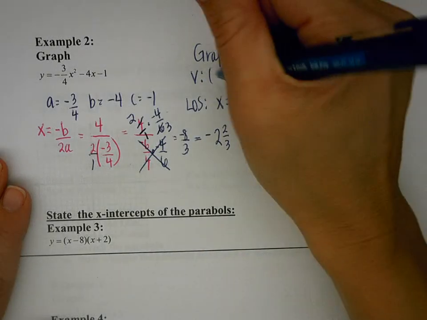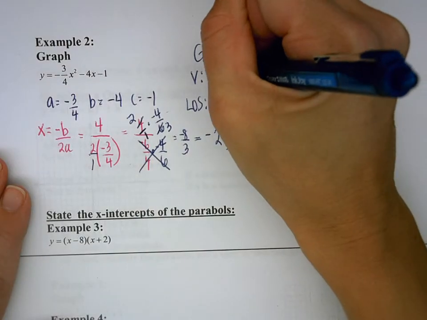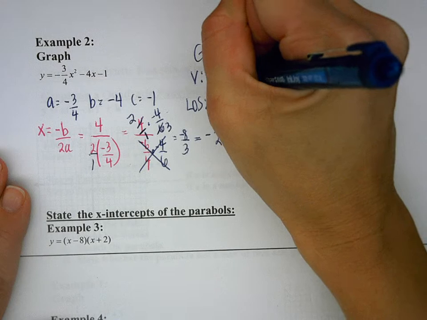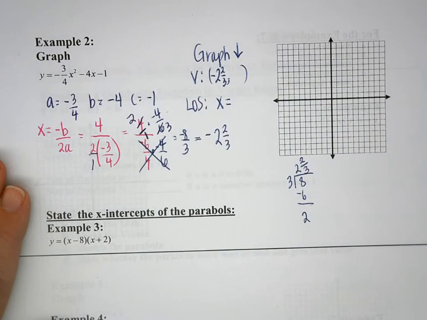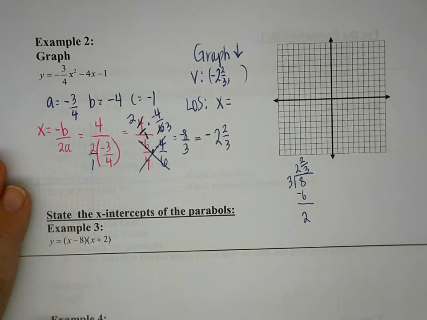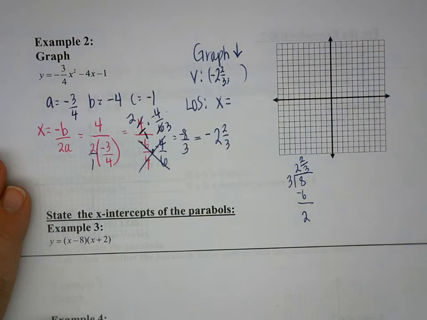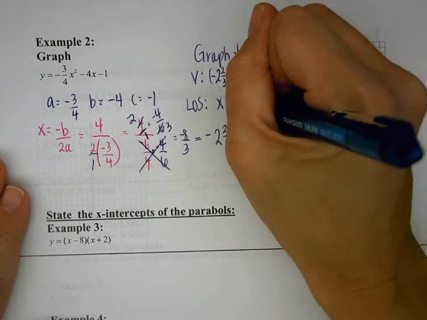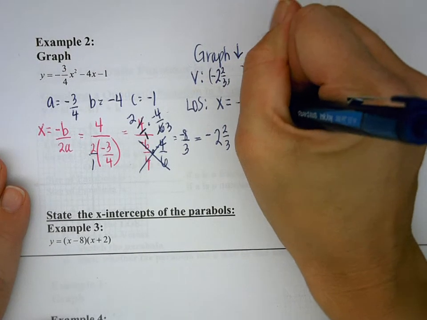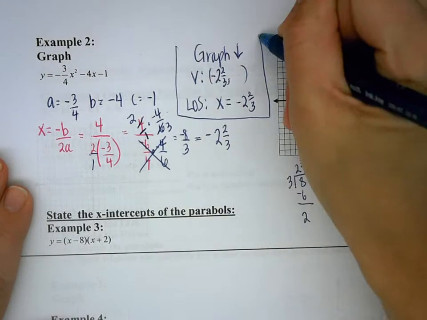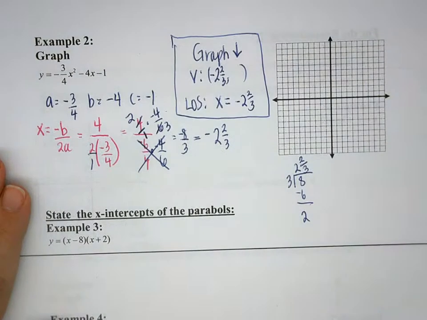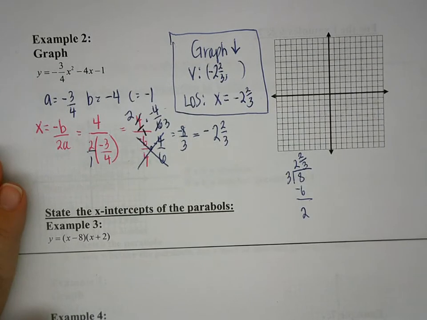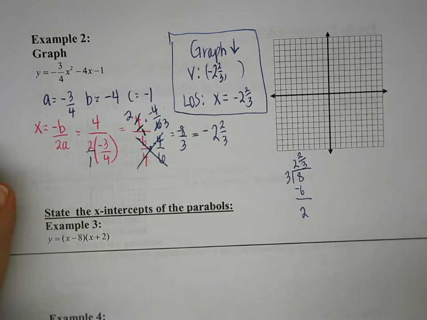So that means the x value I'm going to put here is negative 2 and 2/3. Is there anything else I could write over here that I already know? Your line of symmetry, right? Yeah, it is negative 2 and 2/3. Okay. What do I still need? Y. Okay, so we are going to plug in for y.